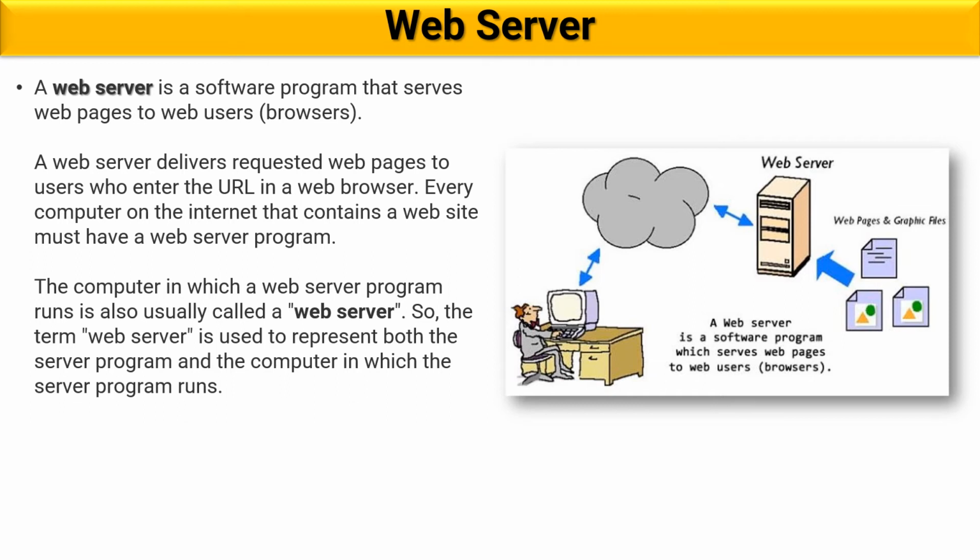The web pages and graphic files are stored on the web server, and they will be served to the client, who is seated at the table using the computer and requesting data, web pages, or graphic files from the internet or from the web server. So a web server is a software program which serves web pages to the web users, that is, the web browser.